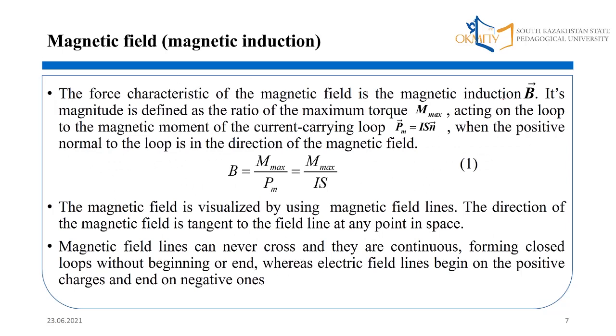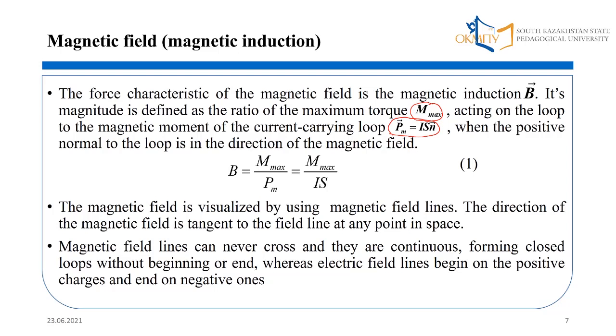The fourth characteristic of a magnetic field is the magnetic induction. Its magnitude is defined as the ratio of the maximum torque acting on the loop to the magnetic moment of the current-carrying loop.